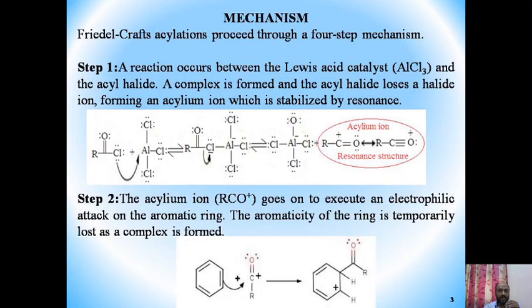Then, in the next step, the acylium ion, RCO+, executes the electrophilic attack on the aromatic ring. The aromaticity of this ring is temporarily lost as a complex is formed. As you know, this benzene has one position and this is the two position.